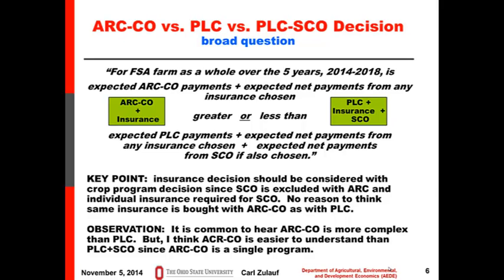In order to have access to SCO, you are required to purchase individual insurance. So immediately, if SCO is something I like, I've got to buy individual insurance, and SCO is something that I don't have access to if I'm in ARC. Immediately you're tying the insurance decision in with the commodity decision.